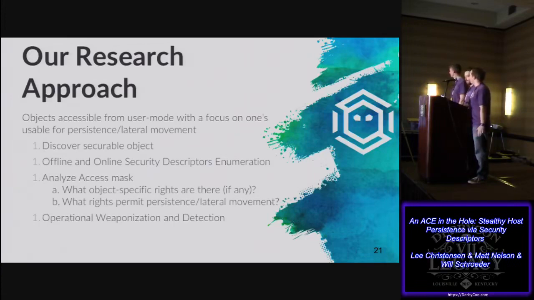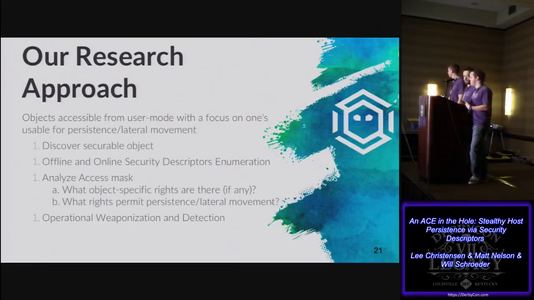When we went about deciding what objects we should look at, we took this approach. First it was discover: what securable objects are there. Then analyze, and figure out how to enumerate the security descriptor for each of those objects, whether it's offline or online, which we'll dive into a little bit.